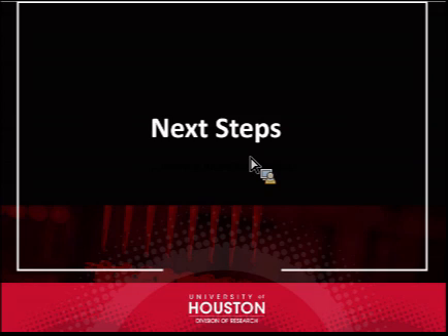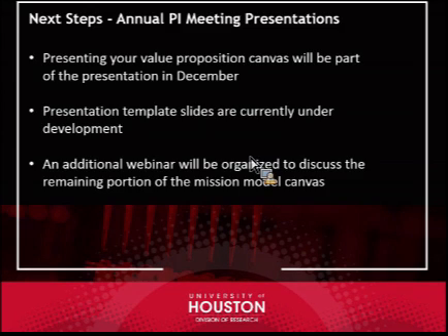Tom, are you ready for the next slide, please? Yes. So basically the idea is that we want to ask you to work in the next month or so with your champions and with end users and beneficiaries to develop your value proposition canvas.